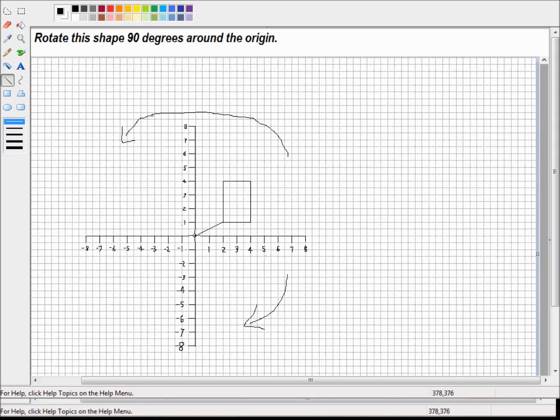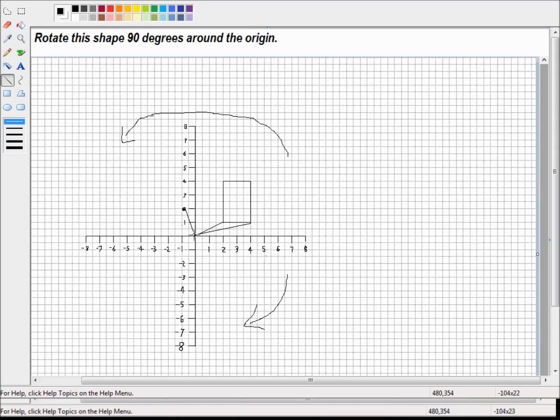Now I would say that puts us here. That's the same length but 90 degrees. So this is where my one point is going to be. Now the next point is at 4, 1.